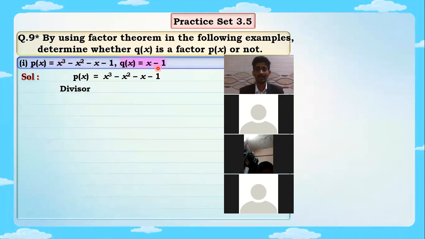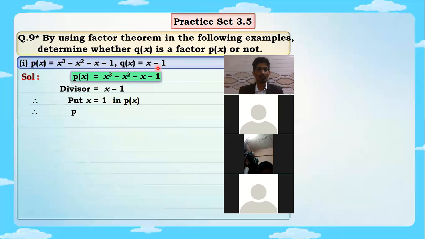Where the divisor is given as x minus 1. Since it is minus 1, in place of x we need to substitute what? Yes, it is plus 1. Opposite sign. So in the given polynomial, wherever there is x, in place of x we are going to write 1.